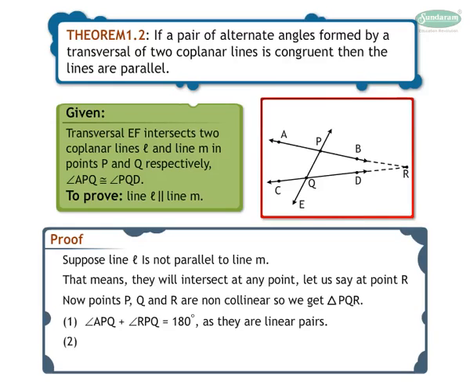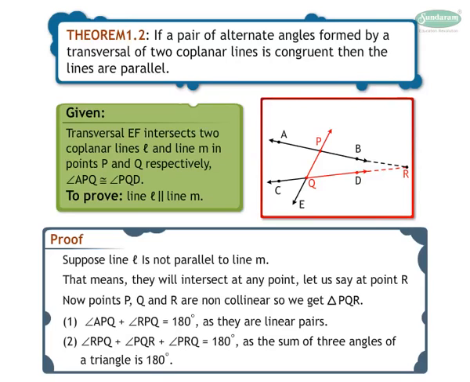2. Angle RPQ plus angle PQR plus angle PRQ is equal to 180 degrees, as the sum of 3 angles of a triangle is 180 degrees.